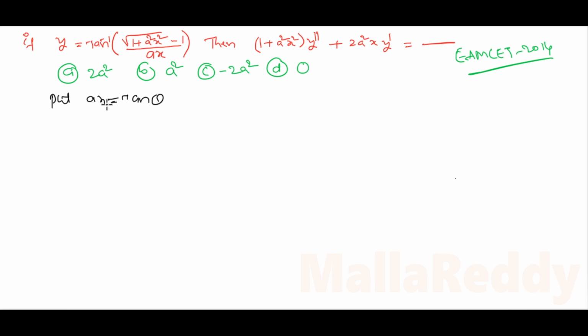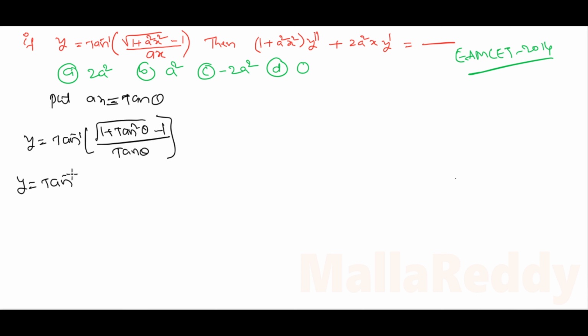Put ax is equal to tan theta in the given problem, that is y is equal to tan inverse of root of 1 plus tan square theta minus 1 by tan theta. So y is equal to tan inverse of root of 1 plus tan square theta, that is secant theta, minus 1 by tan theta.